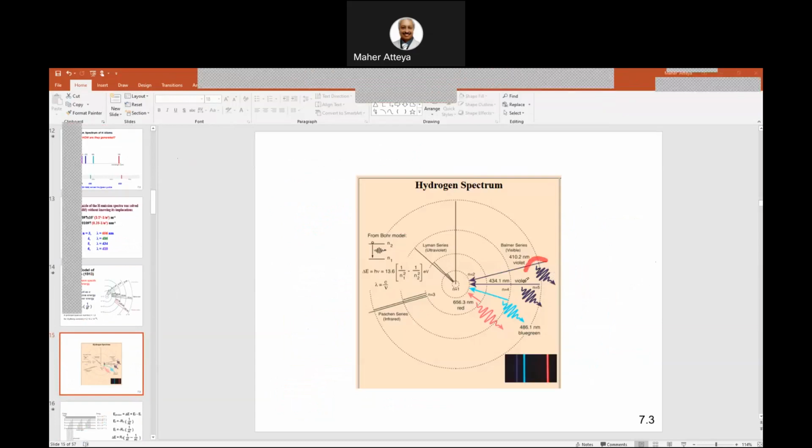Here they came from n equal 1. All of them were in n equal 1. Hydrogen has only one electron. So they are not happy. They were kicked out to 1, 2, 3, 4, or more than 4.